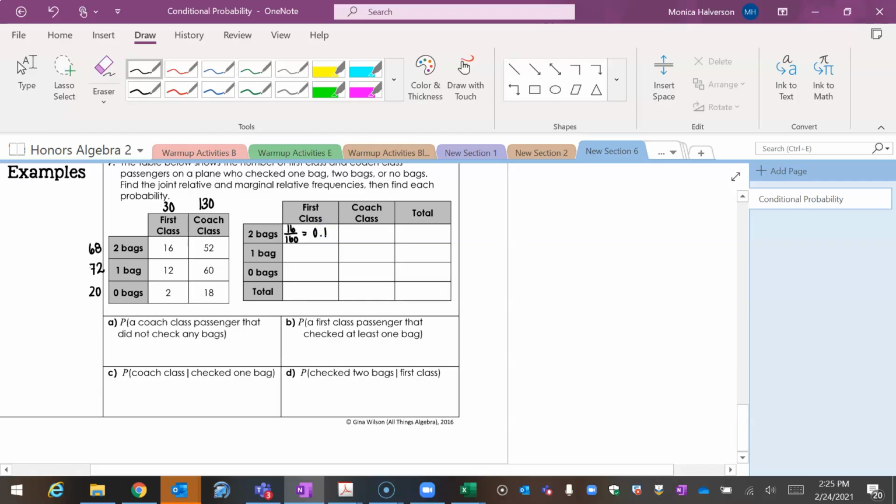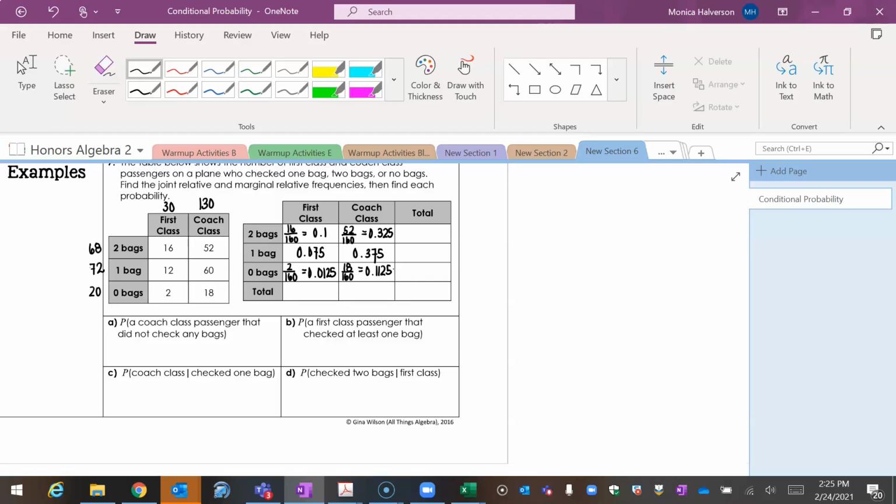For coach with 2 bags, it's 52 over 160, which is 0.325. And you would do that for each, and you get 0.075, 0.375 here. With 0 bags, it'd be 2 over 160, which equals 0.0125. With 0 bags for coach, it's 18 over 160, which equals 0.1125. And these are all our joint relative frequencies.